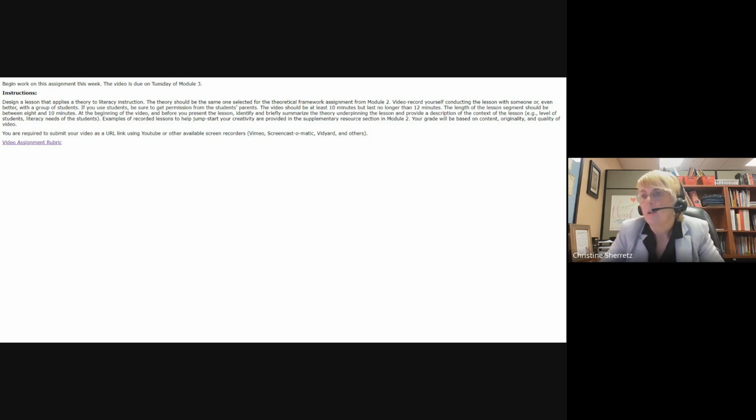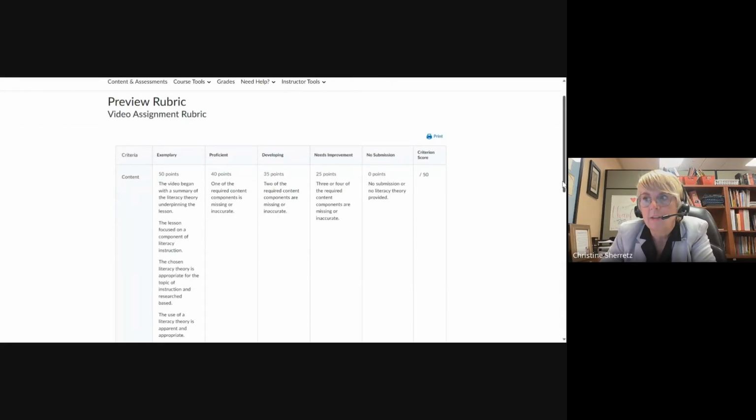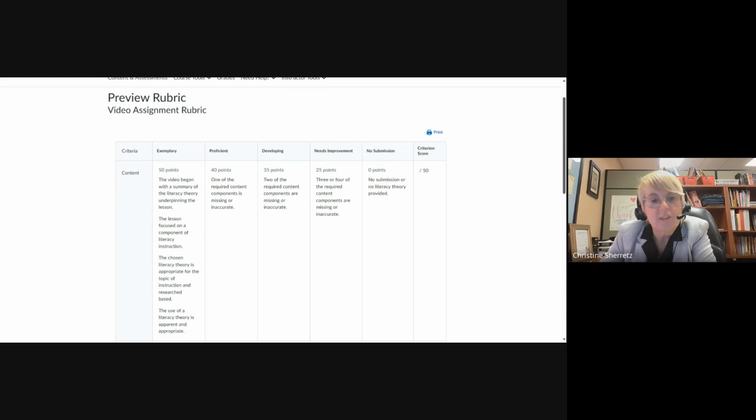In your grade, I'm going to go to the rubric so you can see the rubric for it. So what are we going to be looking for with this assignment? The first one is content. Did you summarize the literacy theory, the underpinning behind the strategy?